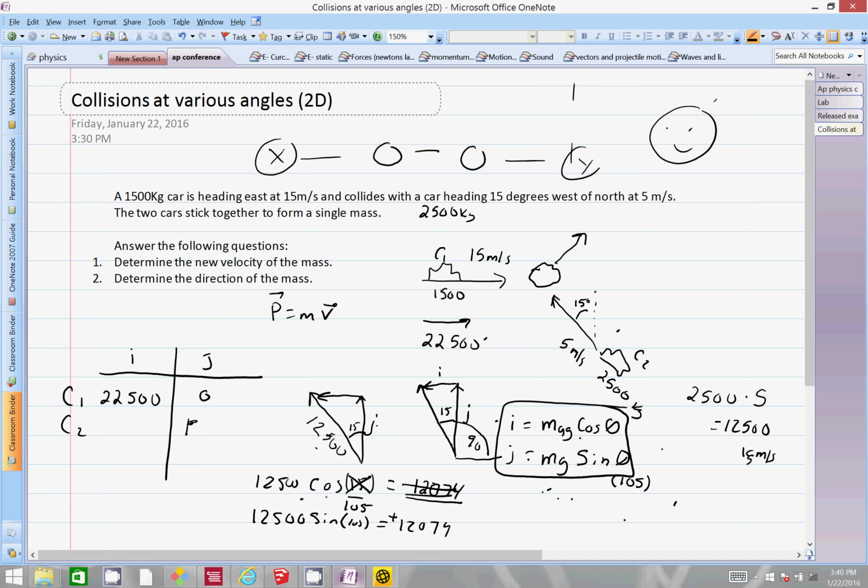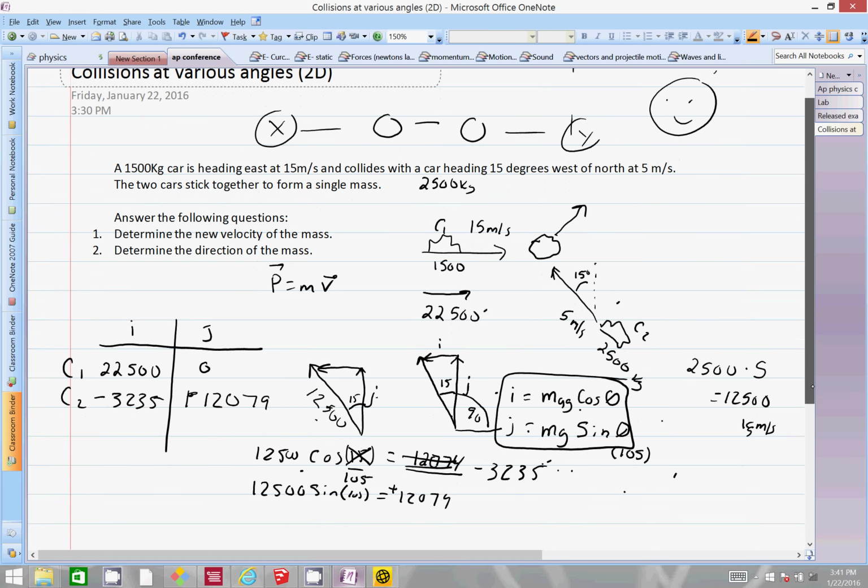And then this other guy would be the cosine of 105 equals a negative 3,235. So this is a negative 3235, and this is a positive 12079. All right, so we're just moving along here.